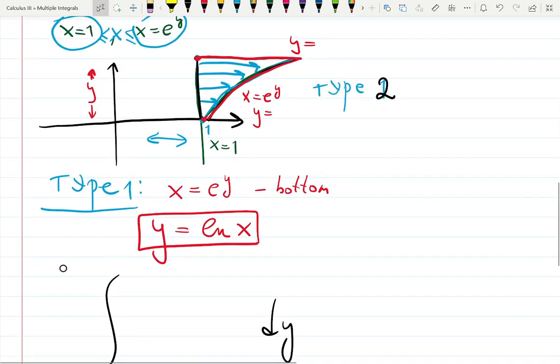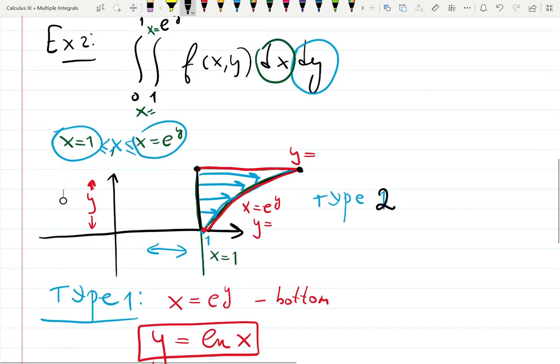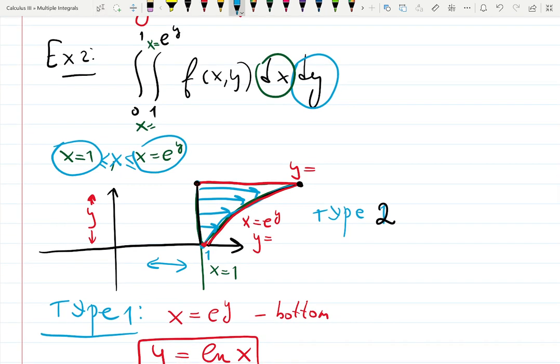What is the function at the top? To find the function at the top, you need to figure out this intersection point, or this intersection point, and any information you have. But we actually never use this information. Y was fixed from 0 to 1. So this is the function which we can call y equals 1.